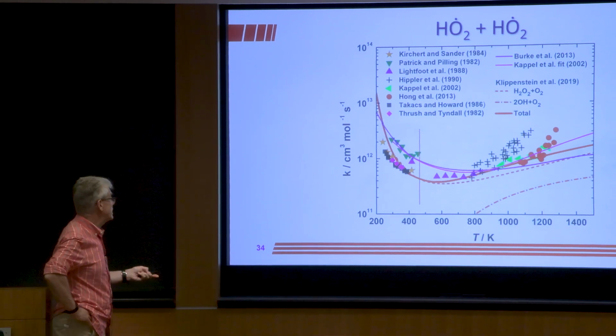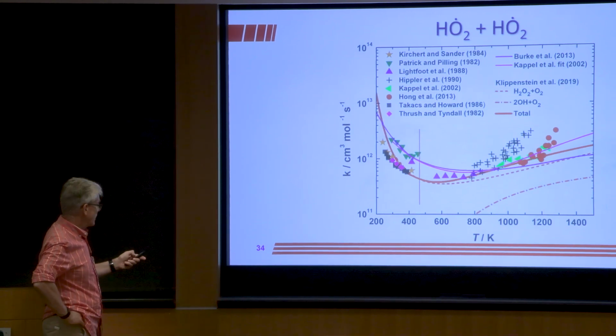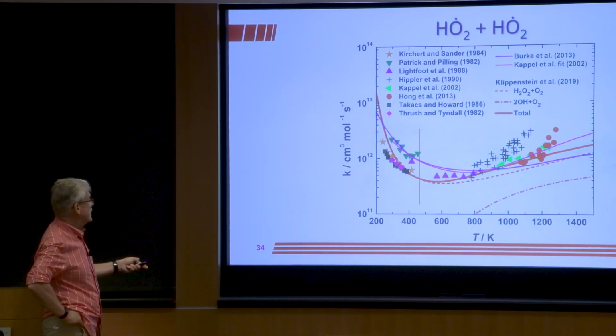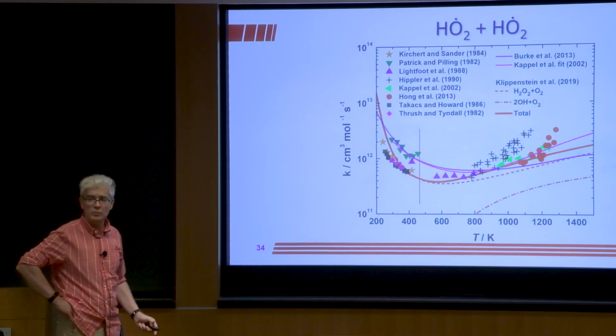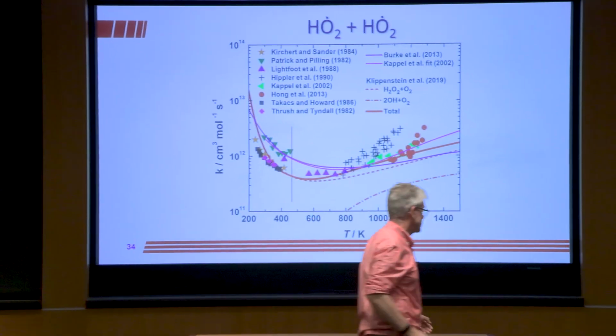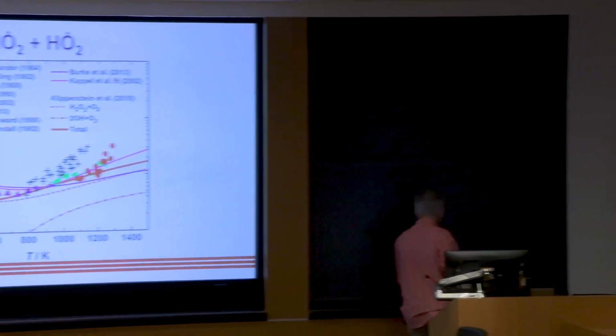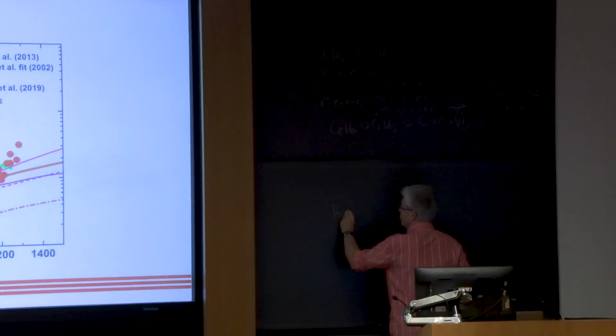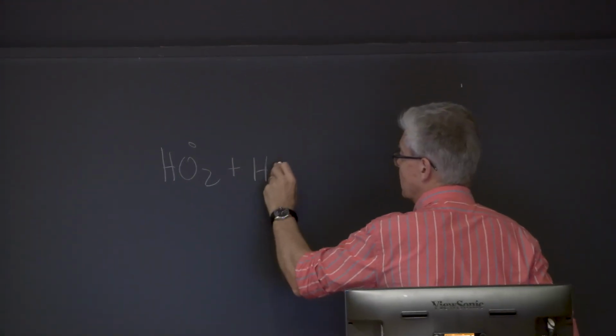Okay, but actually, what Stephen found was, he calculated this dashed expression for the channel giving you H2O2 plus O2, and this dot dashed branch giving two OH radicals plus O2. So what's happening here is that, and this happens sometimes, you have HO2 plus HO2.